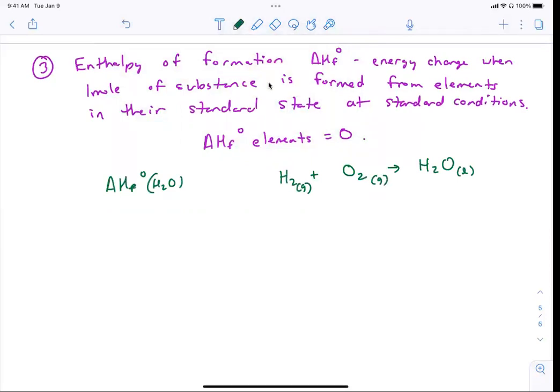To balance, you can only have one H2O. So like Maddie was saying, you actually have to put a 1/2 O2 here to balance it out. Because the rule, for this definition, is that this has to be 1. Everything else can be fractions, but this has to be 1. And this will be really helpful for you to understand Hess's law as well.